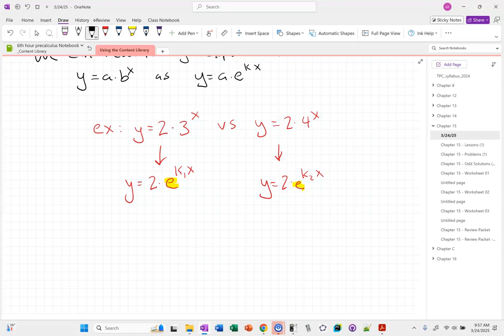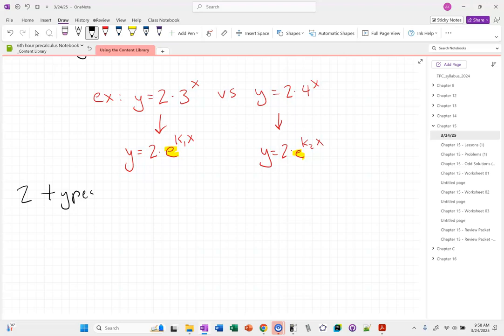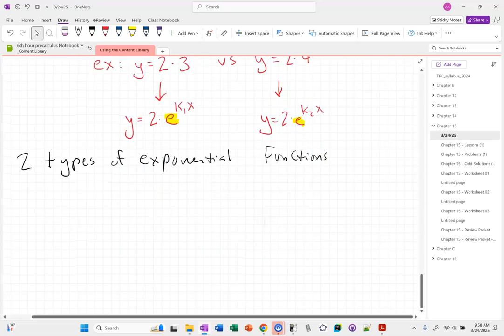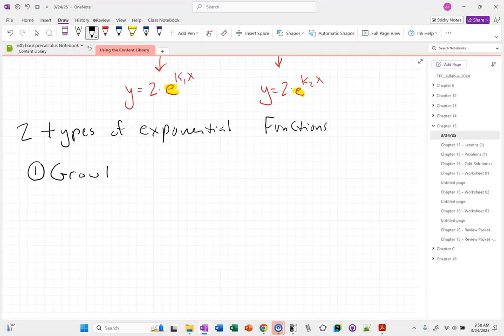All right. The last little bit I want to do is talk about the two major types of exponential functions. We can classify all exponential functions as either growth or decay.